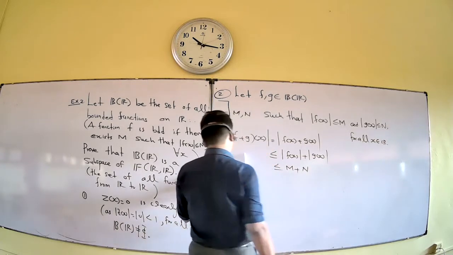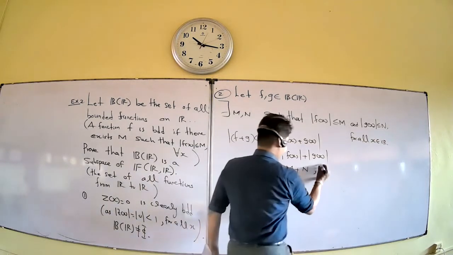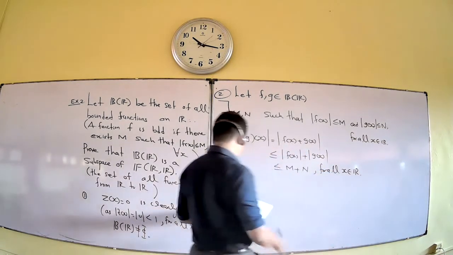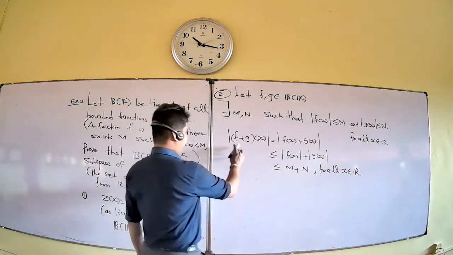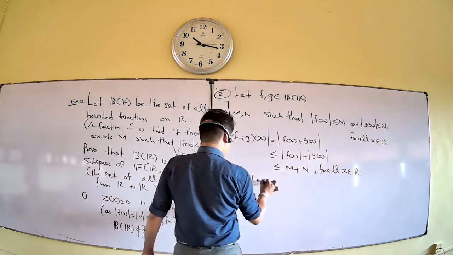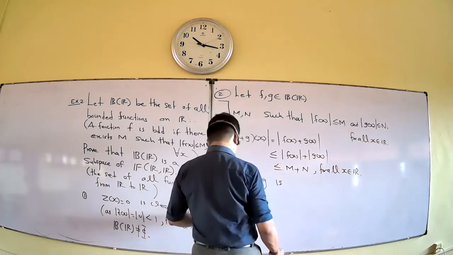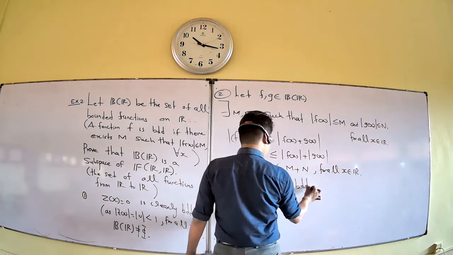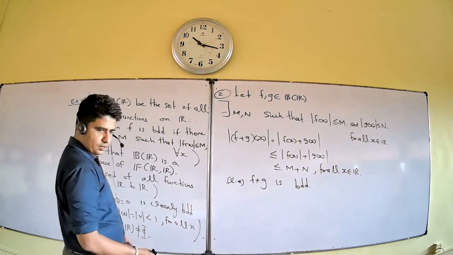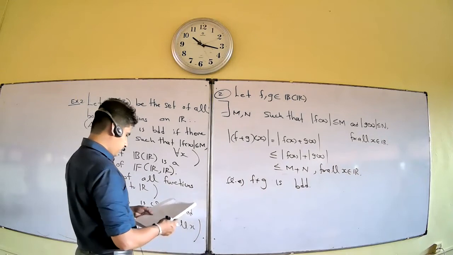So it is at most m plus n for all x belonging to the real numbers. This means f plus g is also bounded.